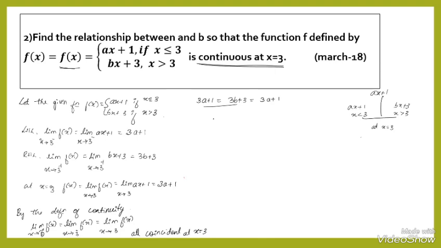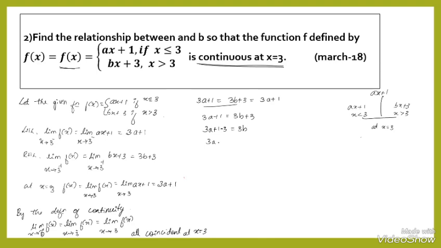So, I can solve here 3a plus 1. Take plus 3 on this side, it becomes minus 3 is equals to 3b. Then 3a, 1 minus 3, that is minus 2 is equals to 3b. I will take 3 on this side.